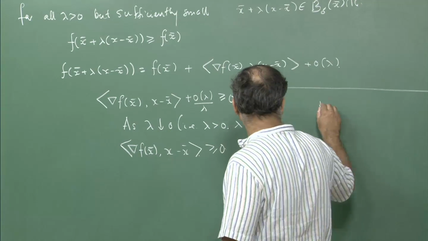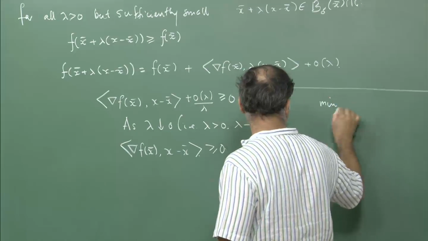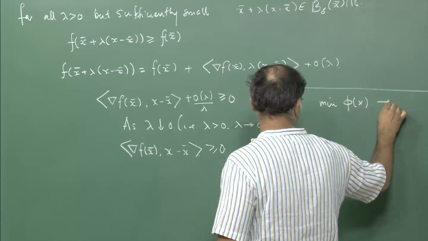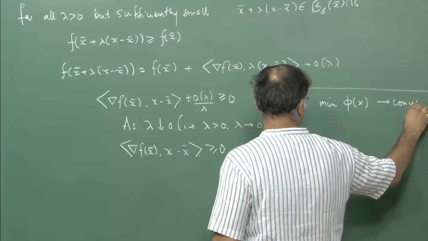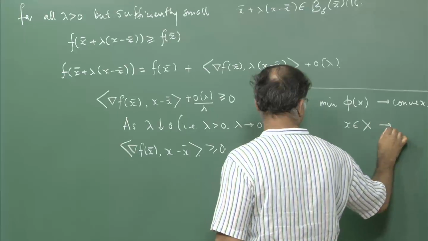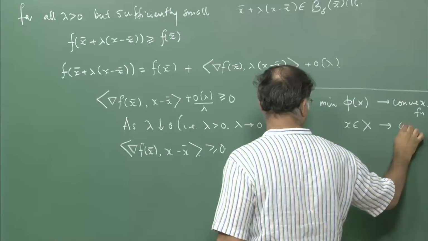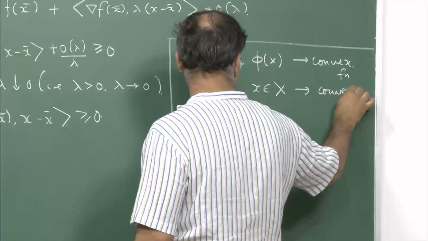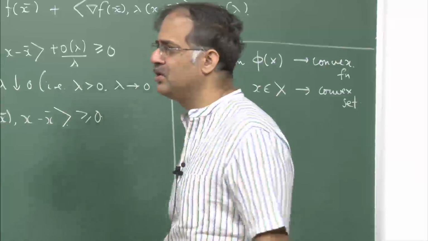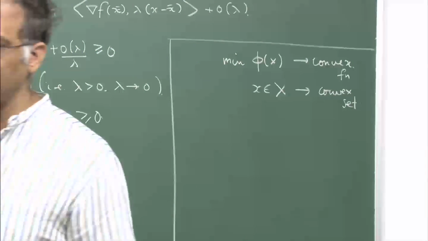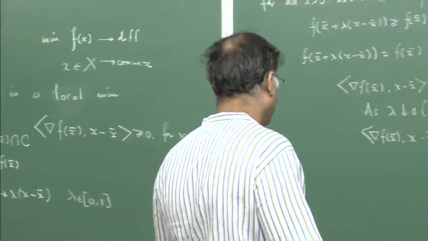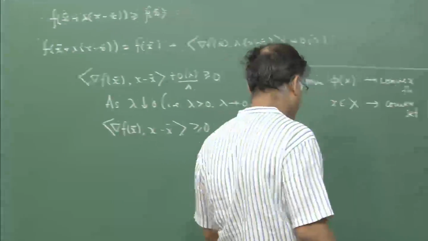So here we will take a convex function phi, which is convex, to be minimized over x an element of X, a convex set. And here we no longer ask phi to be differentiable, but we know that at every point, even if the derivative does not exist, the subgradient is there, right.